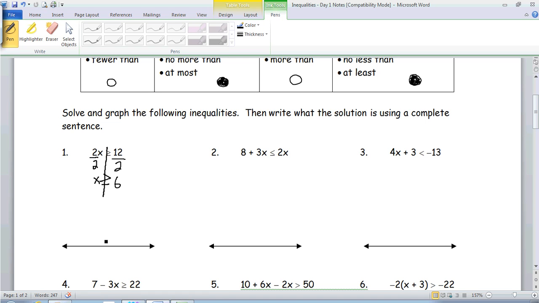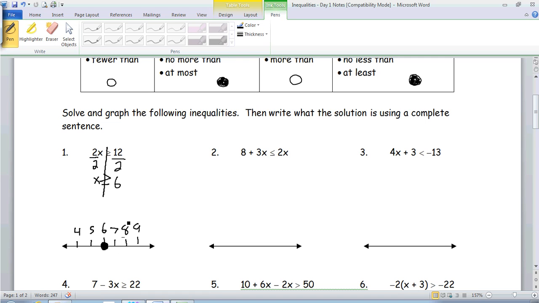So I'm going to come over here and start at 6, 5, 4, 7, 8, 9. So remember, if it has the equal sign, then we're going to put a dot and fill it in, a circle and fill it in.